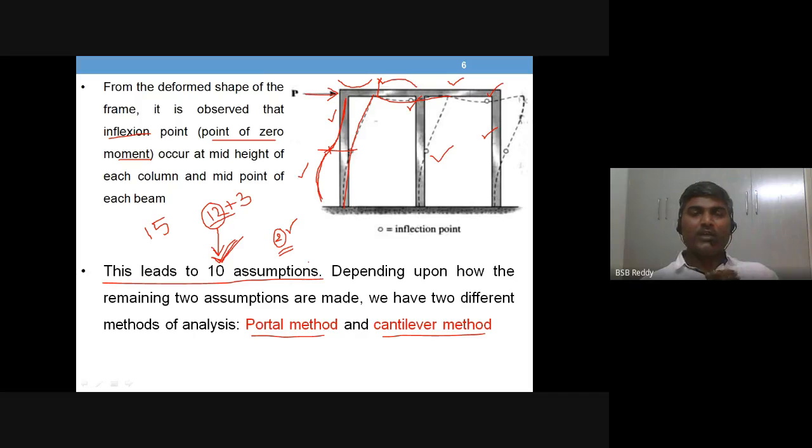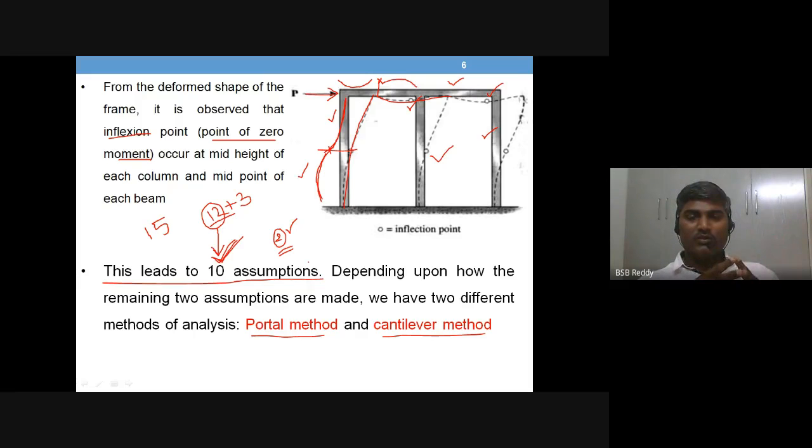We have two methods for approximate analysis of lateral loads. There are approximate methods for gravity loads also, but your topic is only lateral loads: the portal method and the cantilever method. Half of your unit 2 will be the portal method and the other half will be the cantilever method.